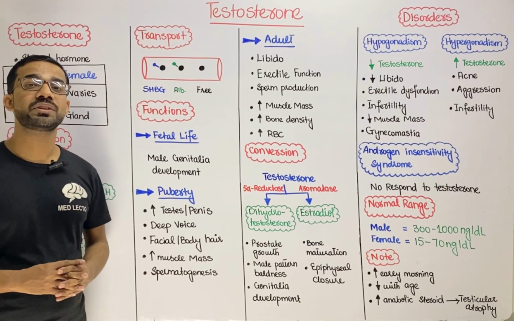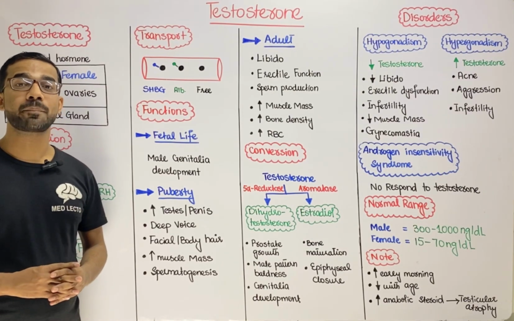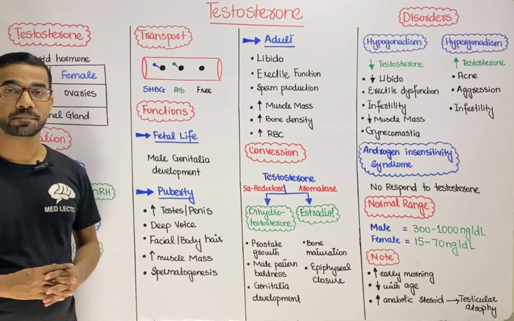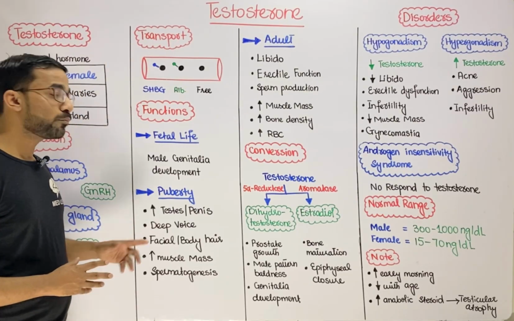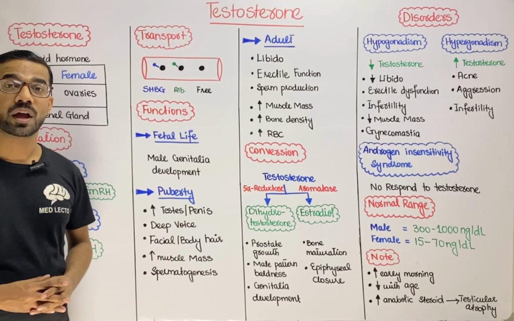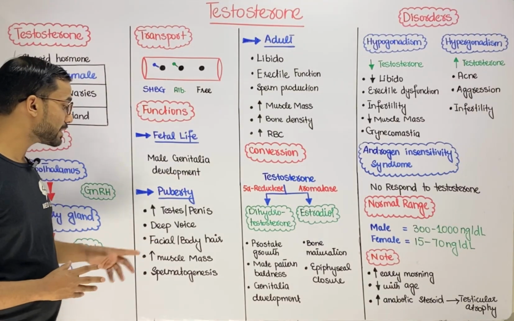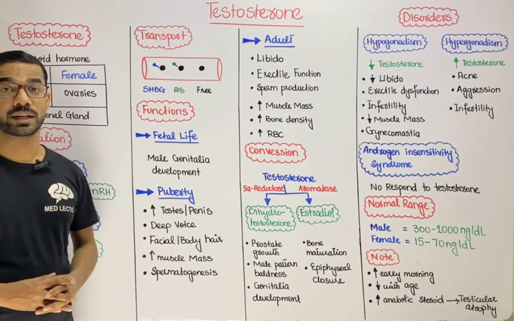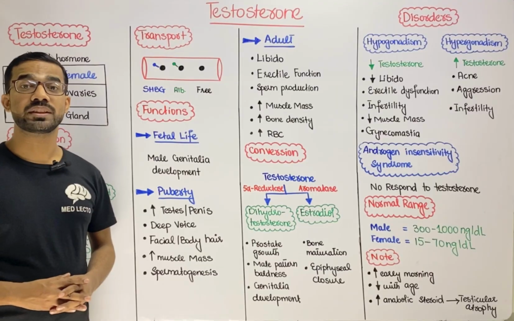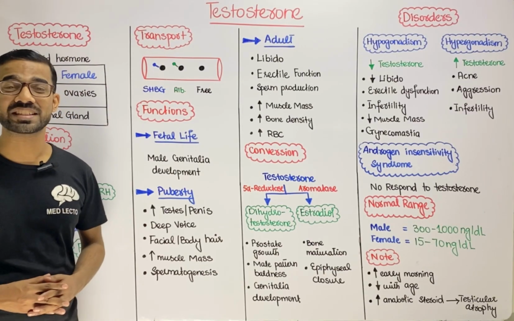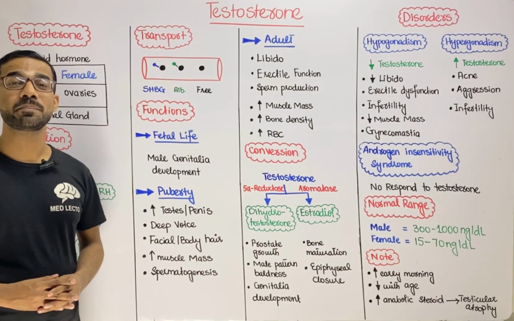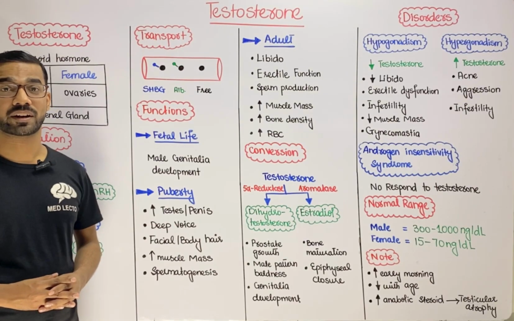Basically, development of the genitalia is the primary sexual characteristic, but the second is in the puberty phase. Deep voice will be seen in the male at puberty. Second is facial and body hair. Hair growth on the chest, under the armpits, in the groin region, and on the face. All these characteristics are the male secondary sexual characteristics.